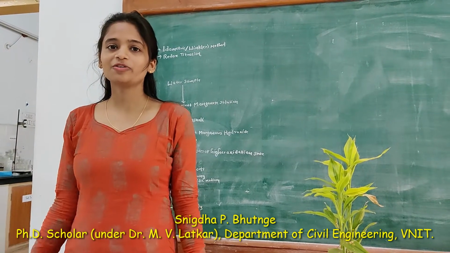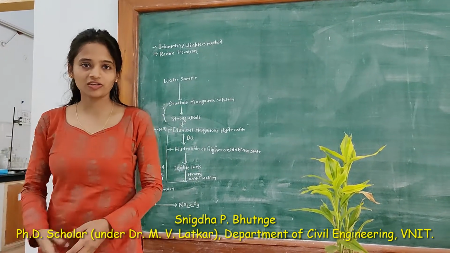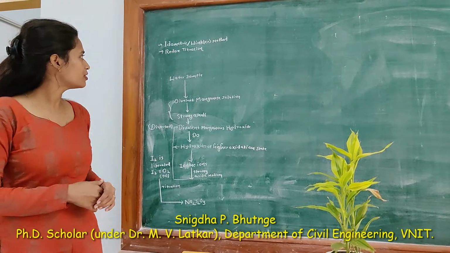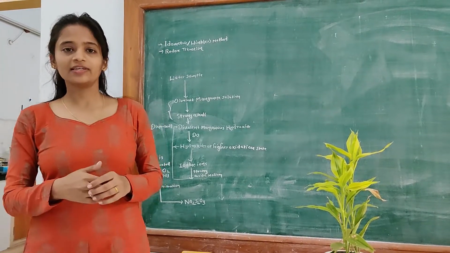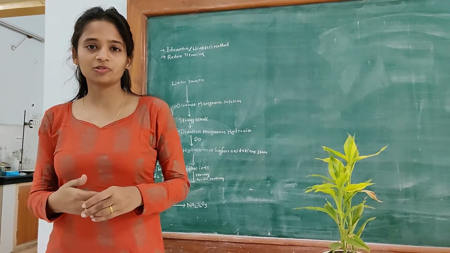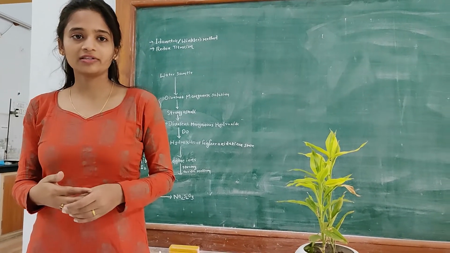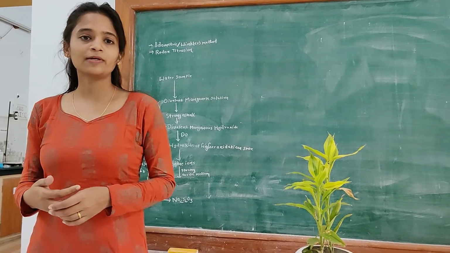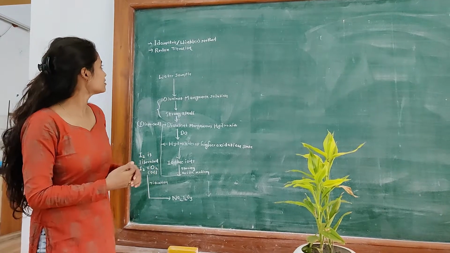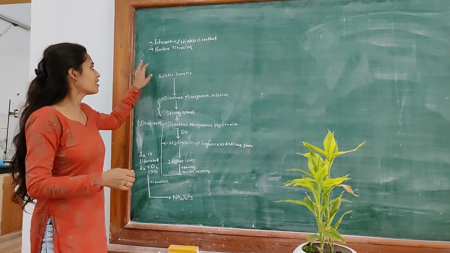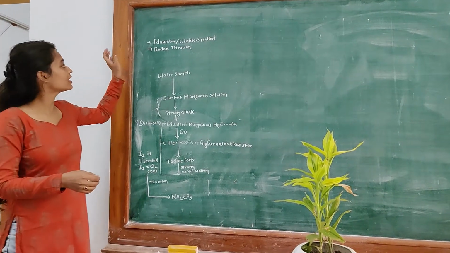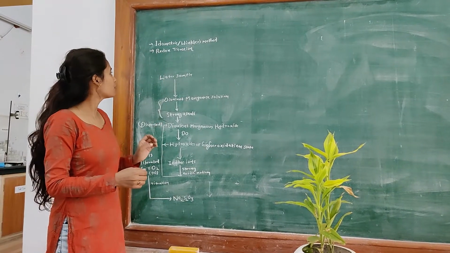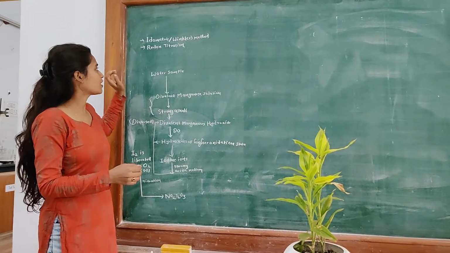And today we are going to perform the dissolved oxygen experiment. You already might have studied the principle, procedure and everything else about this DO experiment. This DO experiment is also known as iodometric titration or Winkler's method, and this is a redox type of titration.